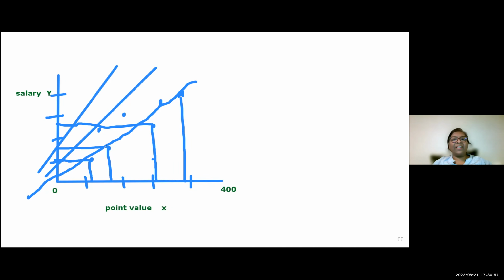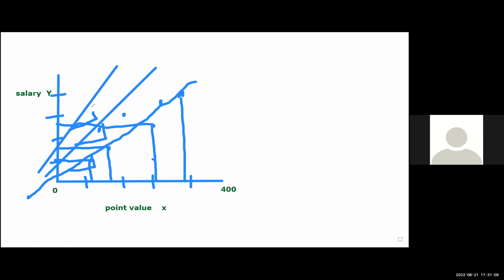With the increase of X, how much is Y increasing? Are you getting me, guys? Is this very clear? So which will have the highest slope value? This line, right? With the highest slope.